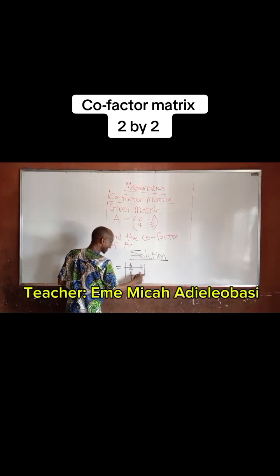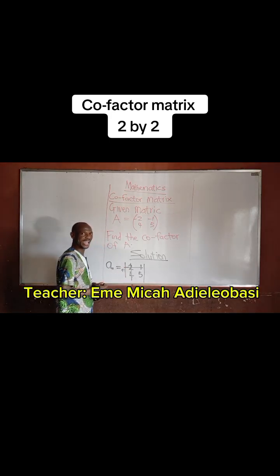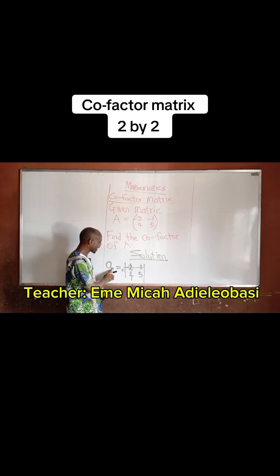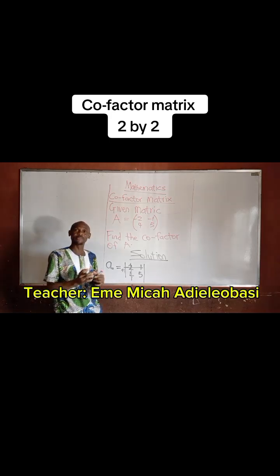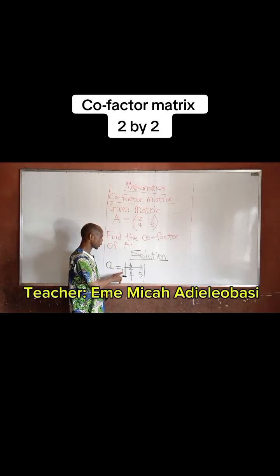We will multiply this value here by plus 1 as its sign. Now, how do we get this sign? We have said this before. The addition of the row and the column of the element position, if it is an even number, then the sign we are going to use to multiply will be what? Plus.